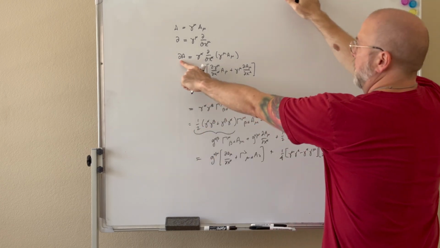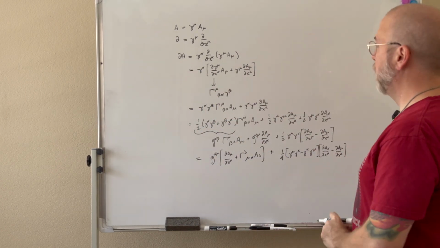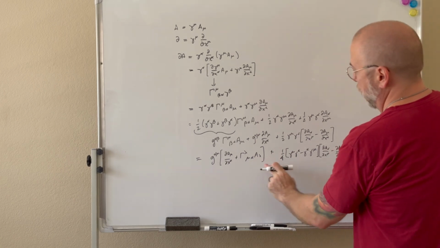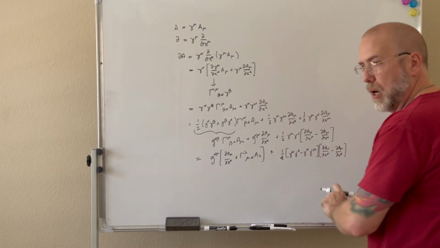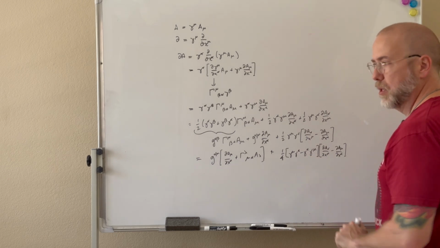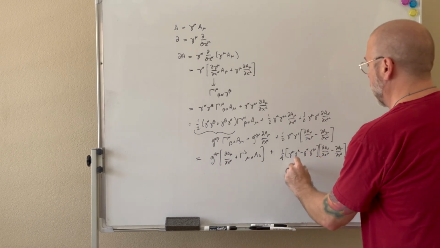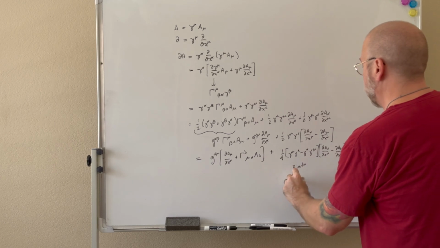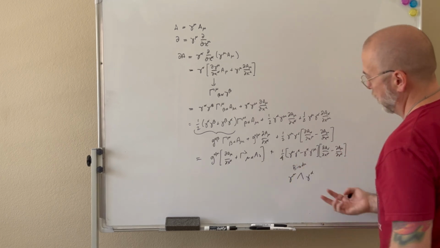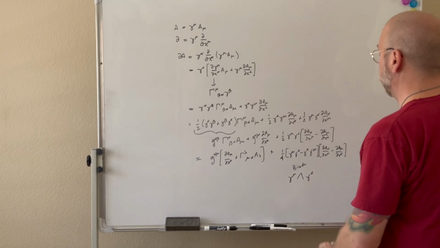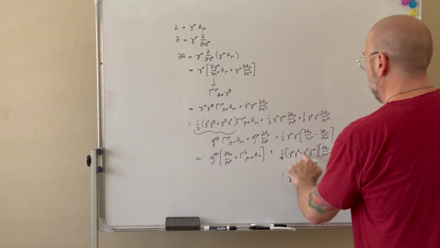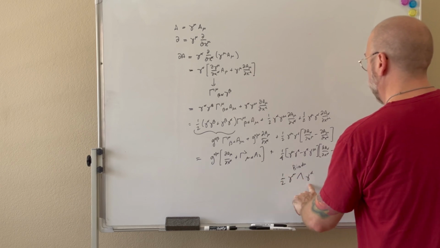So this object here is really simple to write. In full tensor notation, it looks like this. This is a Clifford algebra object. It's fully anti-symmetric. This represents the bivector. Sometimes you'll see it written like this. That represents the bivector element here. And then there's a 1/2 because you have to divide by half for this.